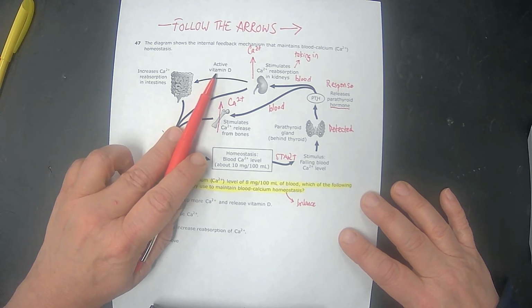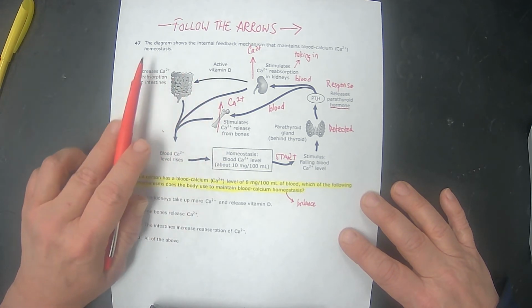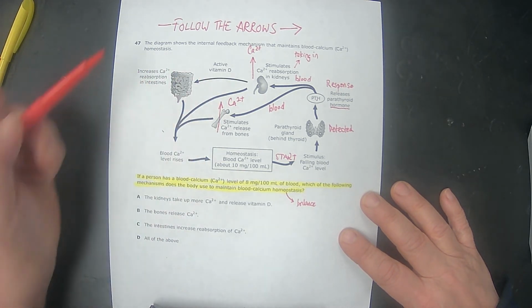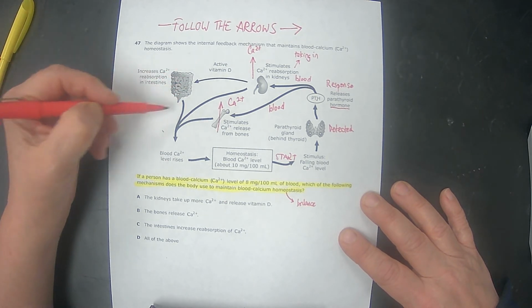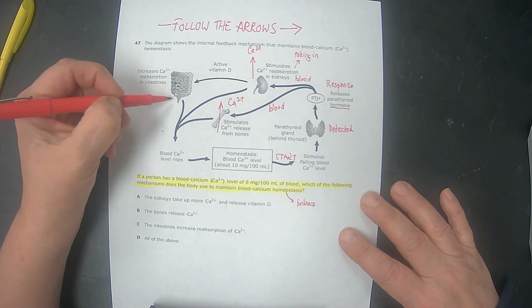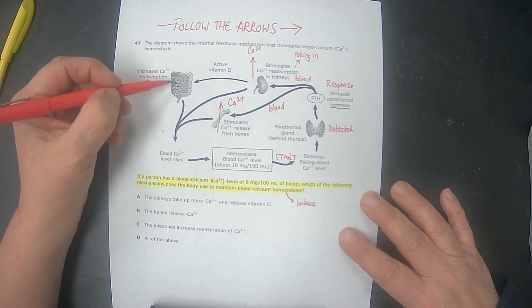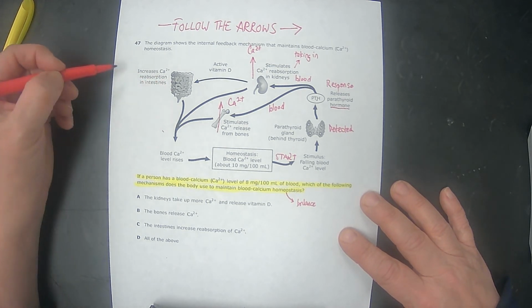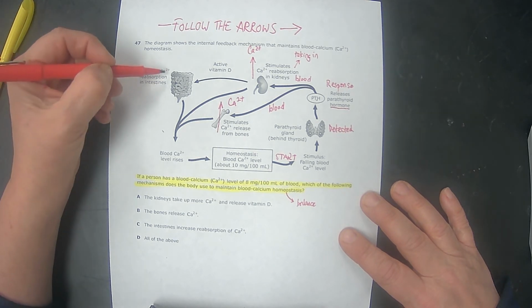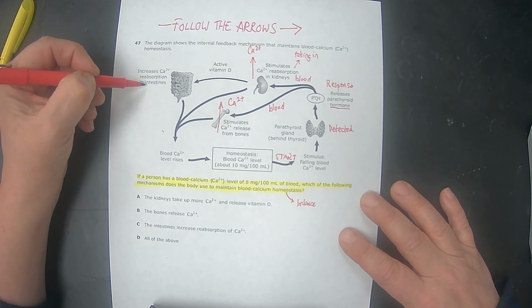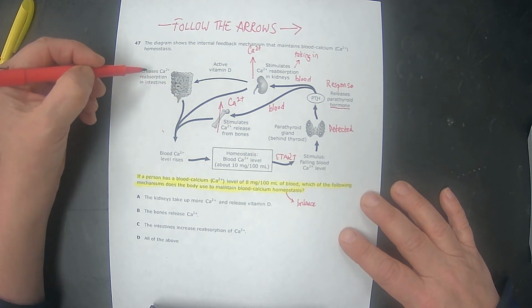If you have a good amount of vitamin D, that makes your intestines reabsorb calcium. The calcium in your food, things like milk and dark green leafy vegetables like spinach, is very high in calcium, but that calcium's no good if you can't absorb it from the food you eat in your intestines.